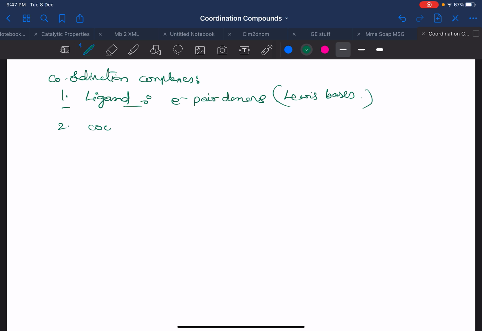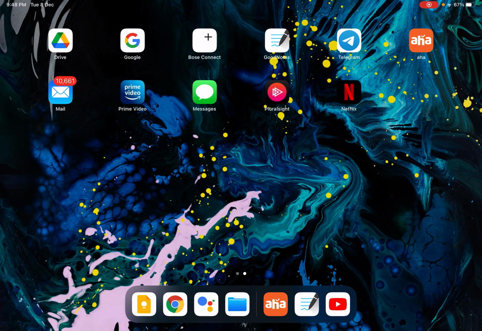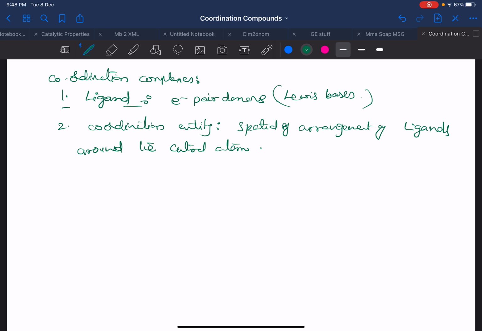The second one is the coordination entity. The spatial arrangement of ligands around the central metal atom is called the coordination entity.